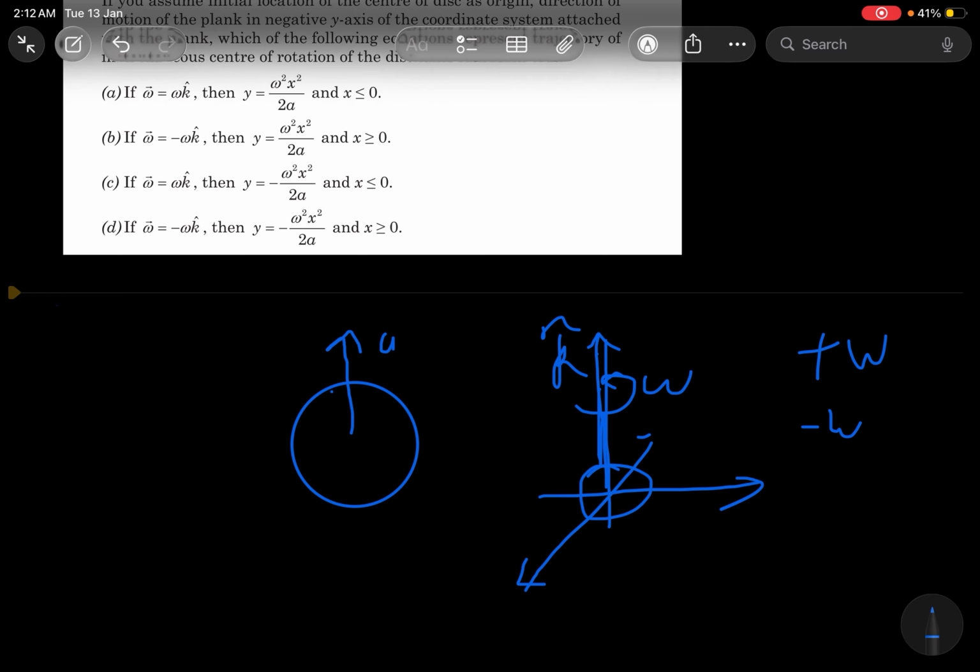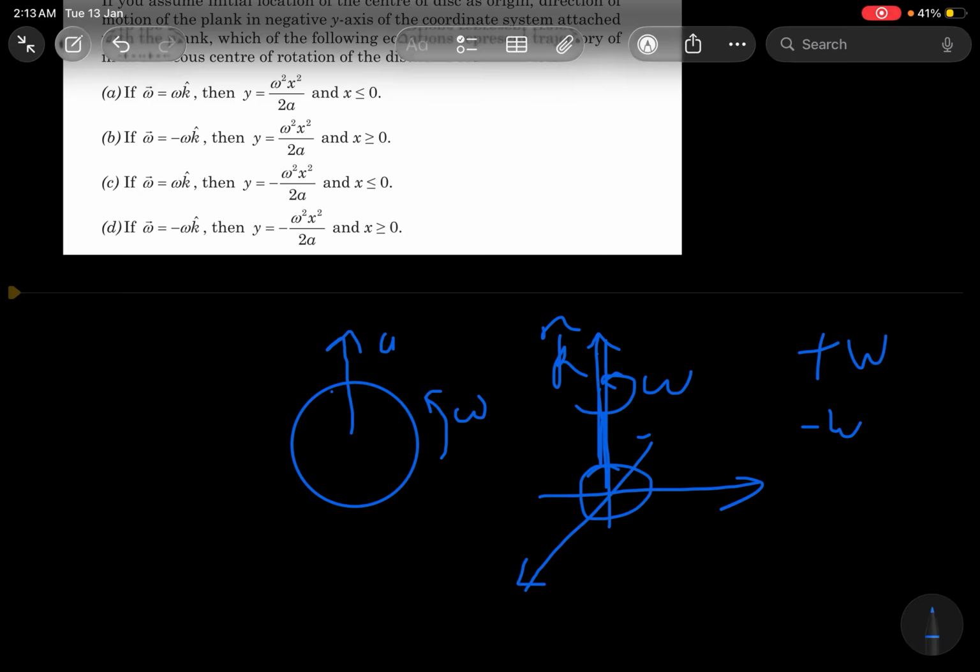So we have to do this once for positive, once for negative. So this disk from top view, let's say it's going in the anti-clockwise direction with omega angular velocity, right?